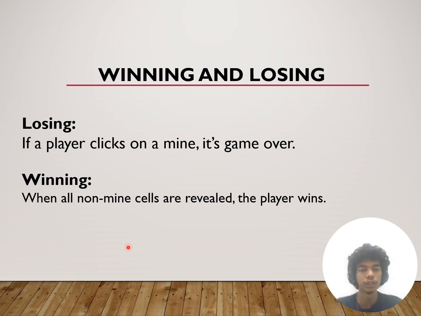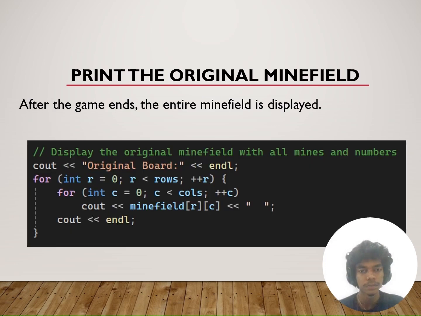And this is pretty obvious. If he clicks on a mine, it's when the game's over, and when all the non-mine cells are revealed, the player wins. So after this game ends, either by winning or losing, does not matter, we will print the original board, which is the minefield.